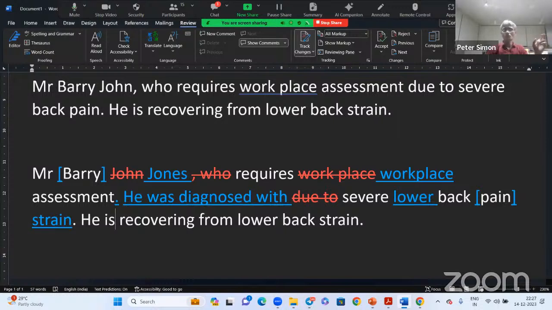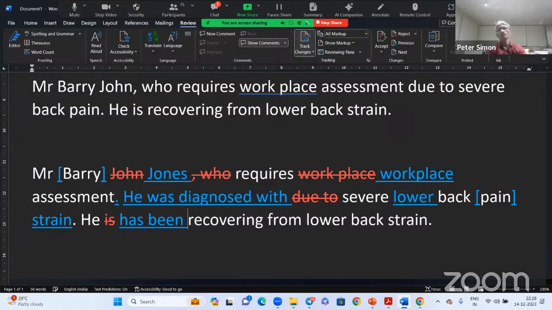That information is not clear. Your sentence is correct. He is recovering from lower back strain. Correct. But is this happening only now? Or is this happening for quite some time? Maybe 1 day, 2 days, 3 days, 4 days after the treatment. So better to say he has been recovering.